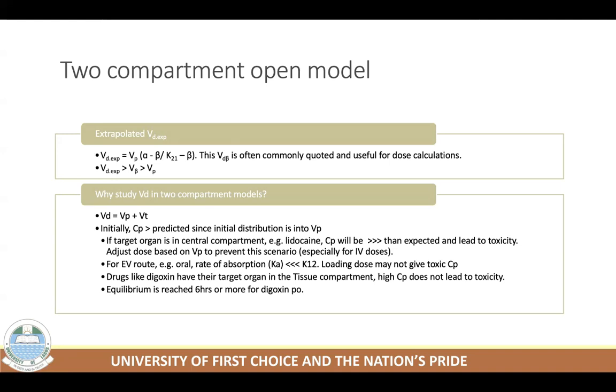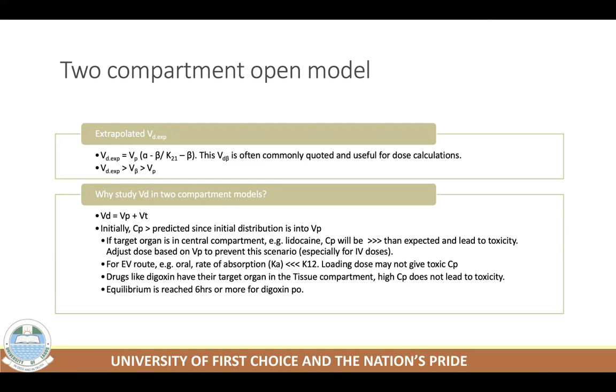The initial plasma concentration, which is Cp, will be much larger than predicted because our initial volume of distribution will only be Vp. However, the consequences of such an inaccurate prediction depend on whether the target organ, that's the organ on which that drug works, is affected. If, for example, the receptors for that drug are located within the central compartment, then if we underestimate the volume of distribution, we can get toxicity.